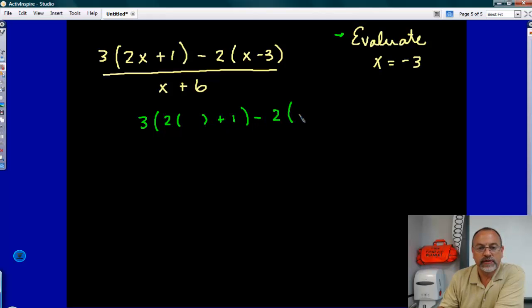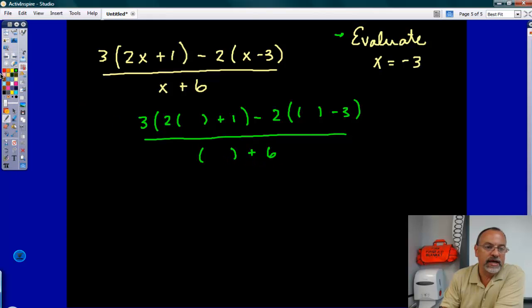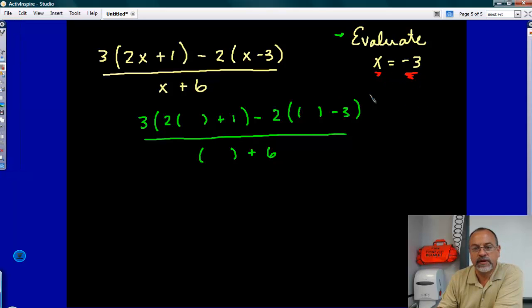Okay, so the -2, and then here's an x minus 3, and all of that is over an x plus 6. Then I'm going to go back and substitute in the value that they give me for x. For every x, they want me to put in negative 3. So for this x, I'm going to put in negative 3. For this x, negative 3. For this x, negative 3.